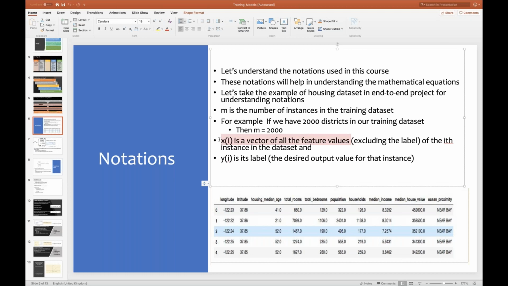Then x of i is a vector of the feature values, meaning you may have many other vectors like that, of the ith instance in the dataset. Now, guys, focus. The difference between x of i and y of i is you have 2000 instances in your districts, right?